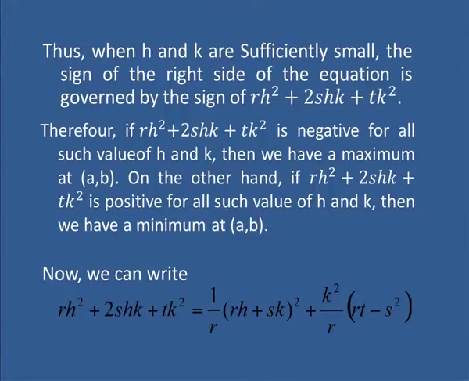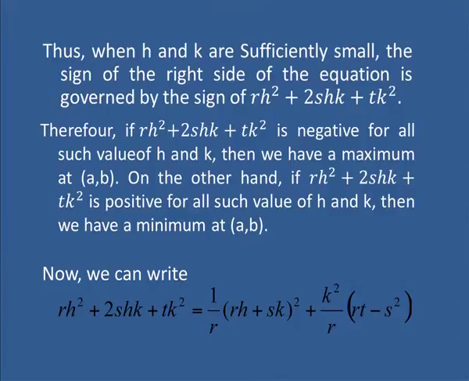Thus, when h and k are sufficiently small, the sign of the right hand side of the equation is governed by the sign of r h square + 2 s h k + t k square. Therefore, if r h square + 2 s h k + t k square is negative for all such values of h and k, then we have a maximum at (a, b).